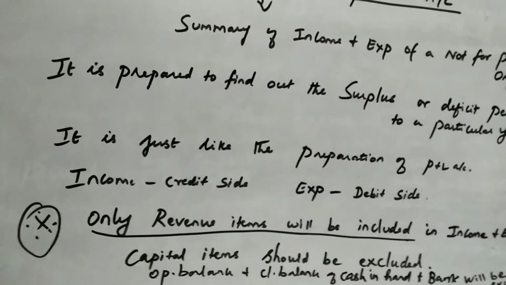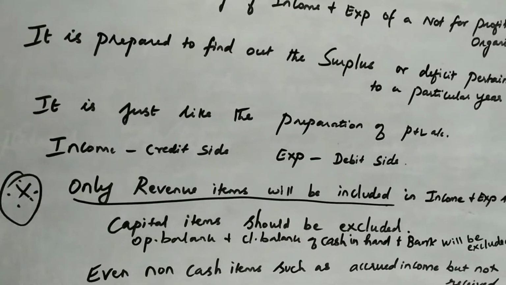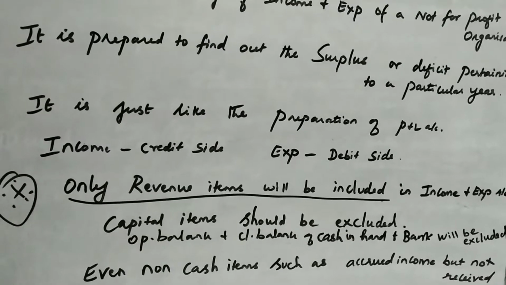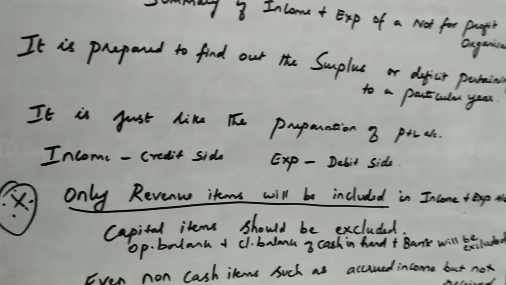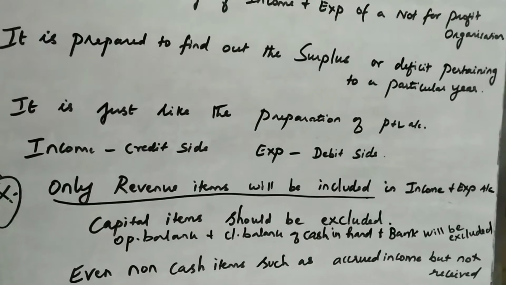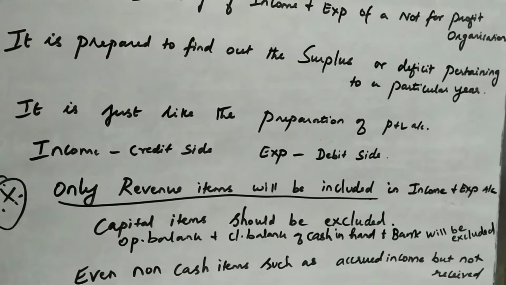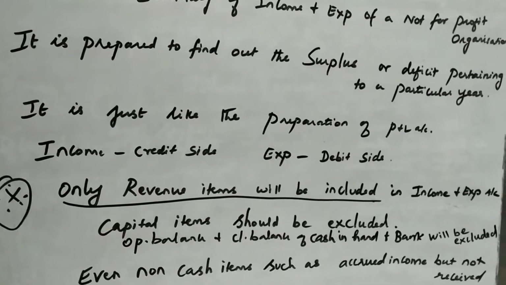So there are certain rules to be followed here. Let us look into those important points to remember while preparing the income and expenditure account. Only revenue items will be included in the income and expenditure account. You have to keep this point in your mind.